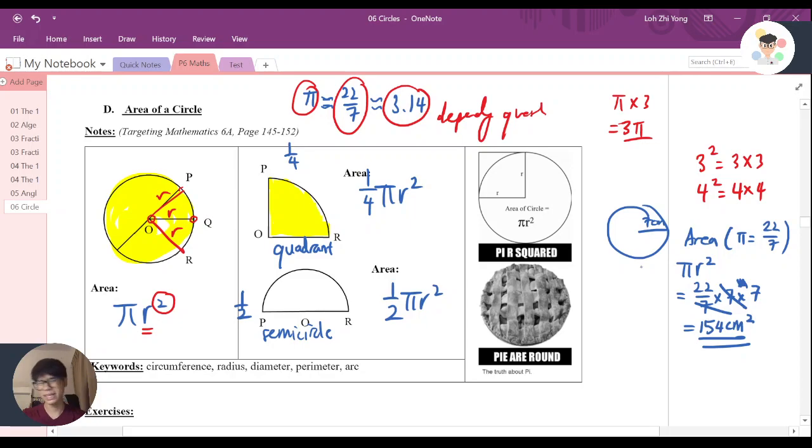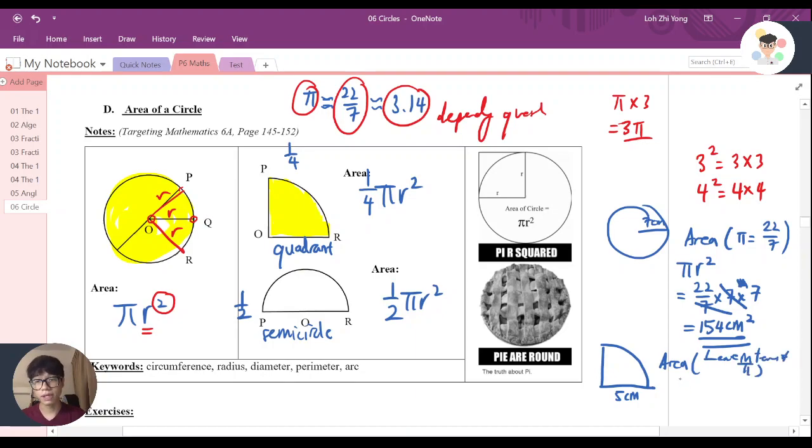Okay, another example. I have this quadrant, and the radius is given as 5 cm. Now they want you to find the area, but they are asking you to leave it in terms of pi. Let me just write this. Leave it in terms of pi means that you don't touch the pi.